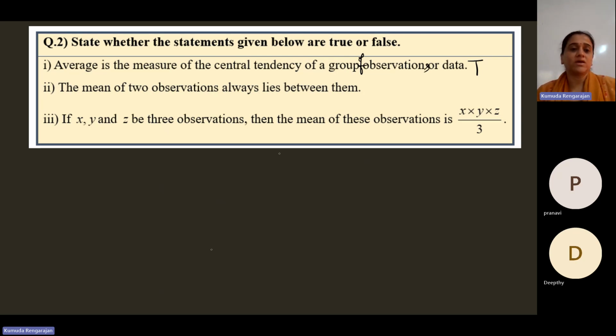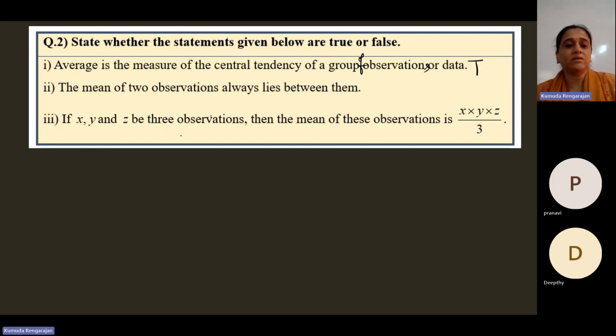All right, true. The mean of two observations always lies between them. Yes. Because what did we understand? When you have a set of values, the mean lies between the smallest observation and the largest observation. So the mean always lies between the two numbers.